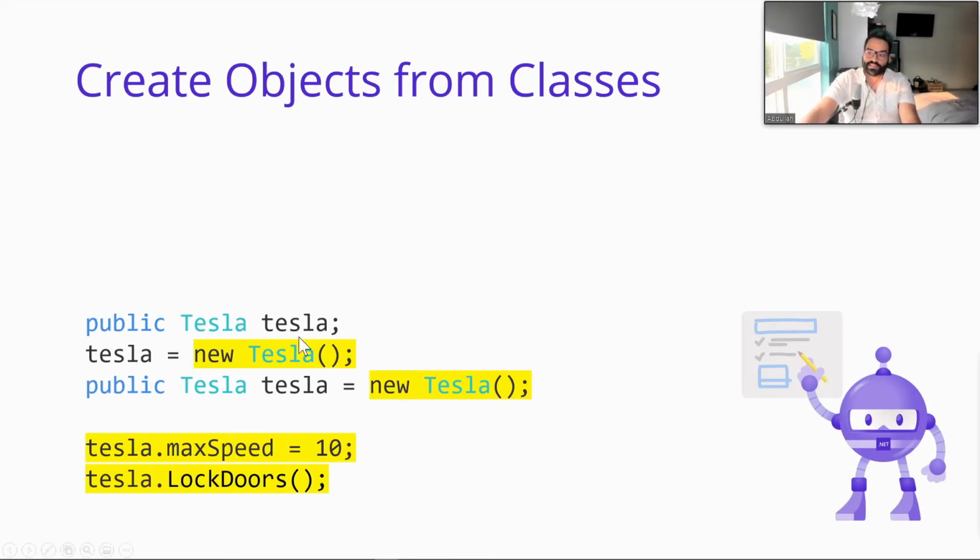We created public, Tesla, and then the name of the Tesla here. We can treat the class names now as variables. A class is a type now. So if you go back and look into how they programmed integer or floats or any of these basic or primitive types, they pretty much created classes for those.